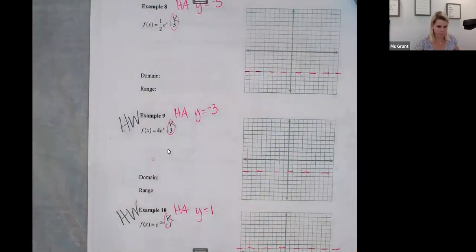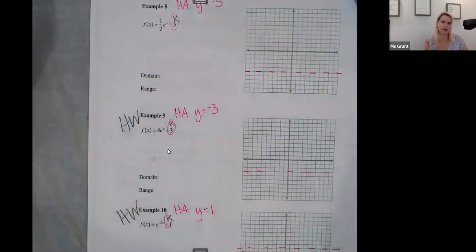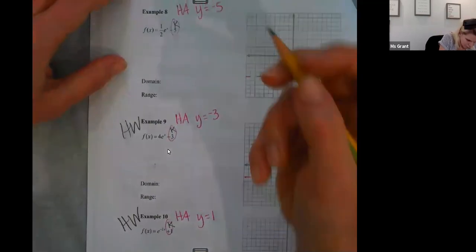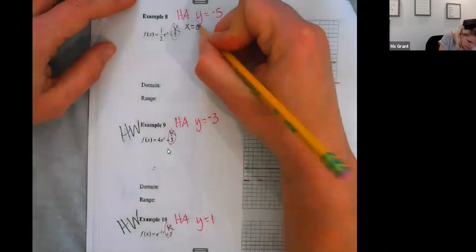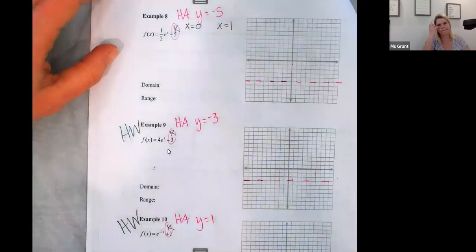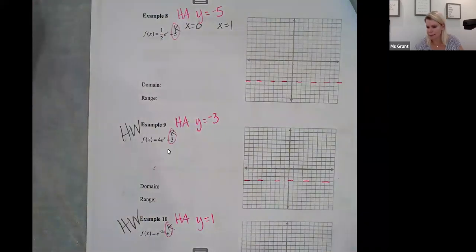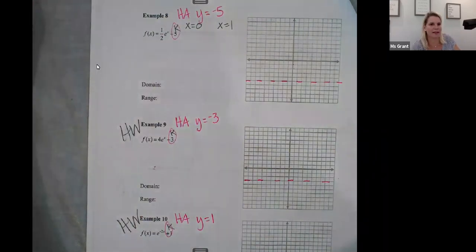Okay, all right, let's set my exponent equal to 0. Let's set my exponent equal to 1. So easy. You guys, I don't have to solve for anything. It's already ready to go.